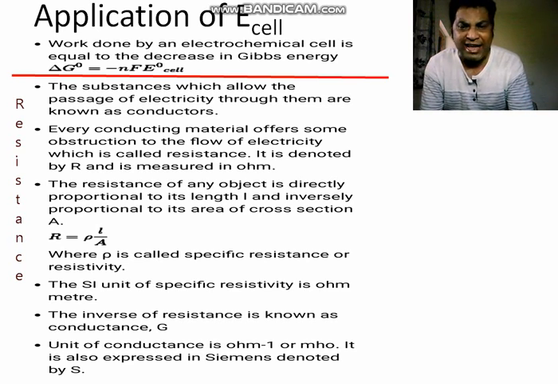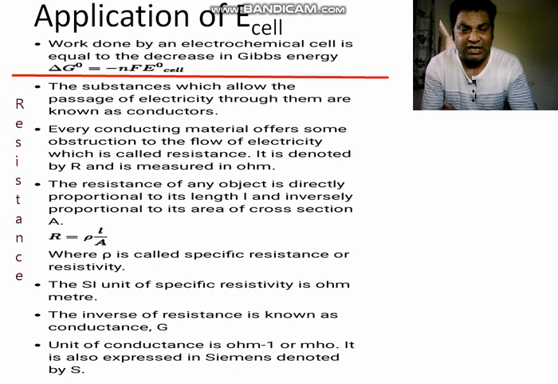The resistance of any object is directly proportional to its length and inversely proportional to its area, and that we have seen earlier. So R is equal to rho L by A, where rho is the proportionality constant, known as the resistivity, and the unit of resistivity is ohm into meter.